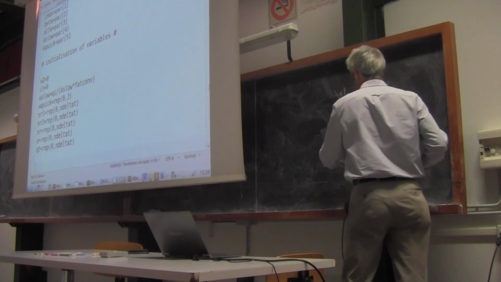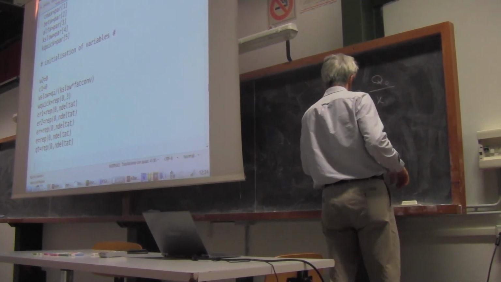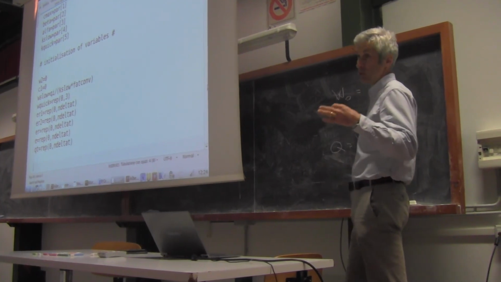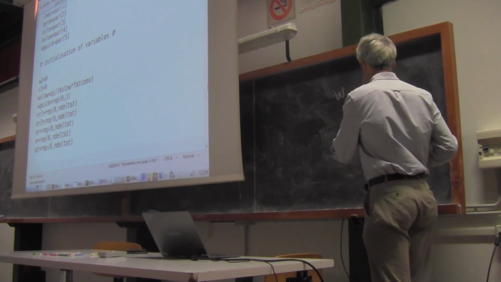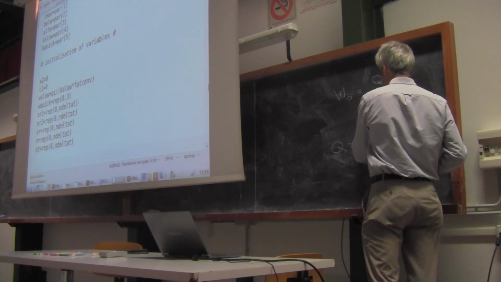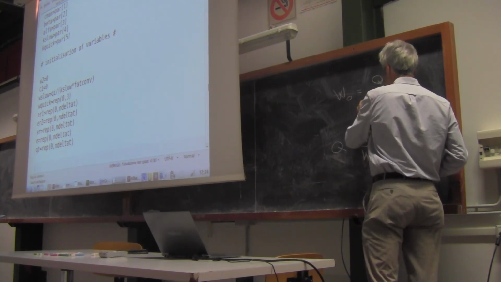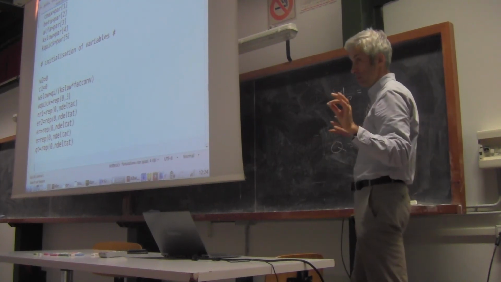We defined previously that Q is equal to W divided by K, and therefore we said that K had the dimension of a time. Here, it's the inverse. No problem, we just need to know.